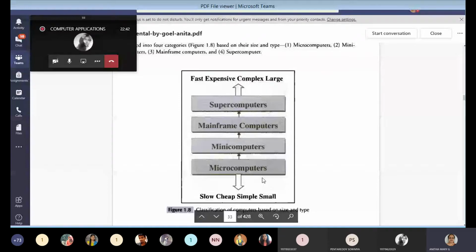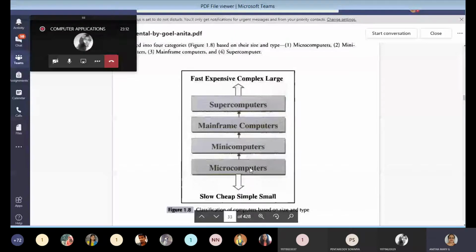So microcomputers. The term micro itself means that it is small. So these are small computers with low cost, cheap. If you see this ladder, you can relate that at the starting of the ladder, slow and cheap apply, that means they are low cost, single user digital computers.